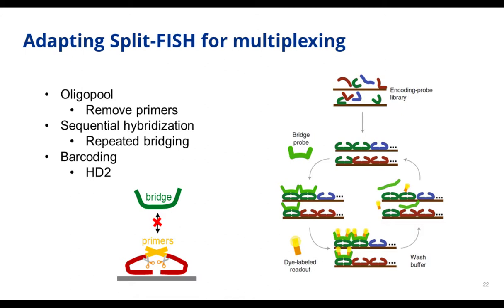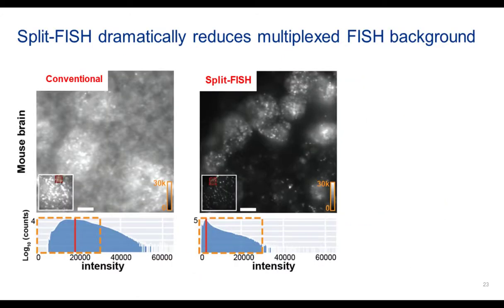And then we designed a specific sequential hybridization scheme, where we first put in a library of encoding probes, and then we add this probe that we call the bridge probe that makes the coincidence detection. And then we flow in the dye-labeled readout probes to light up the RNA.